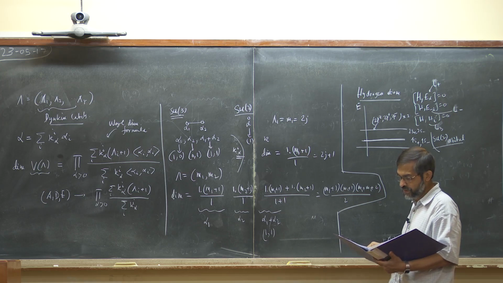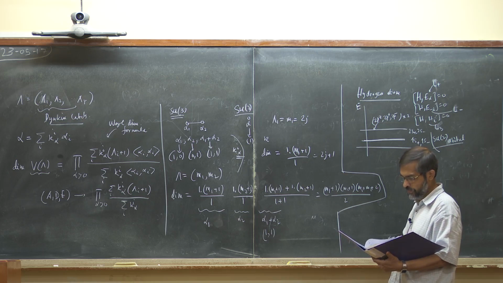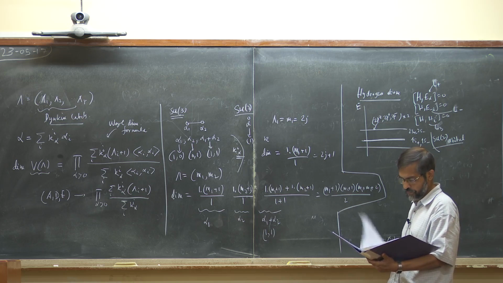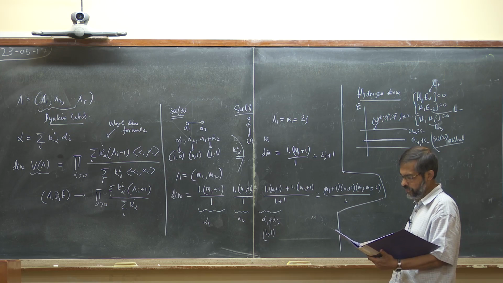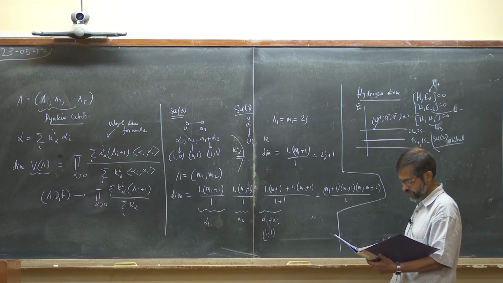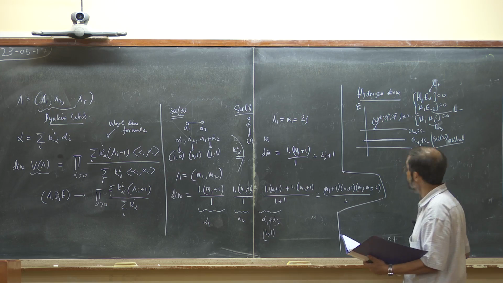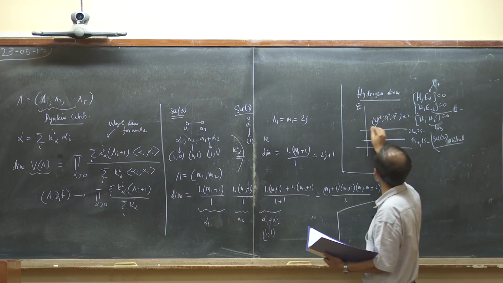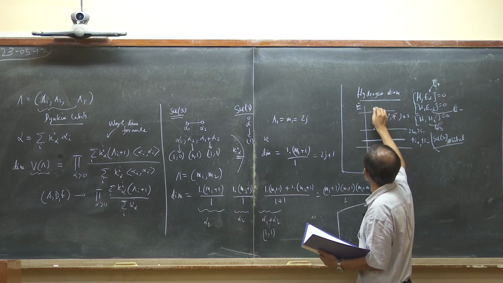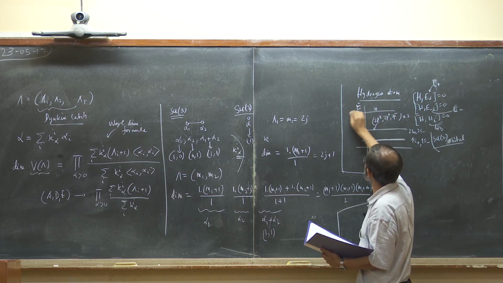I hope I am saying the number right. I don't know where I wrote this, but it is 2n square, isn't it? Yeah. So at any n, 2n square is the degeneracy.